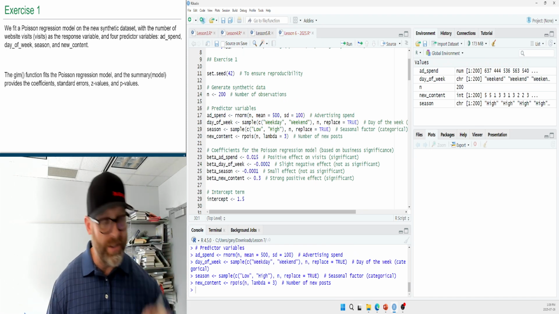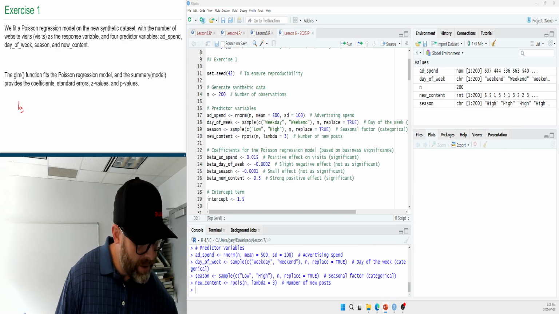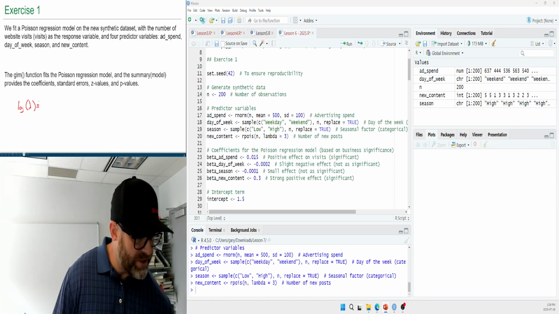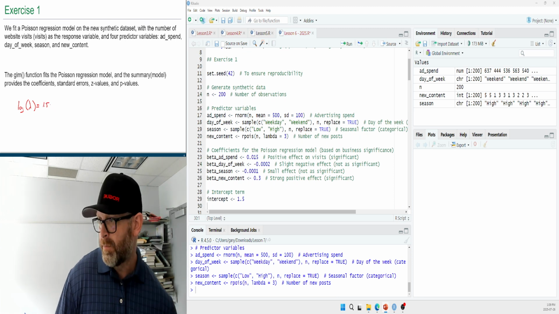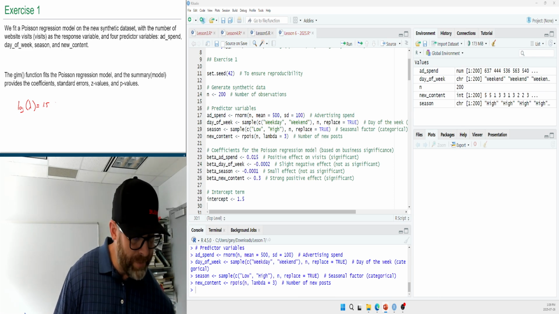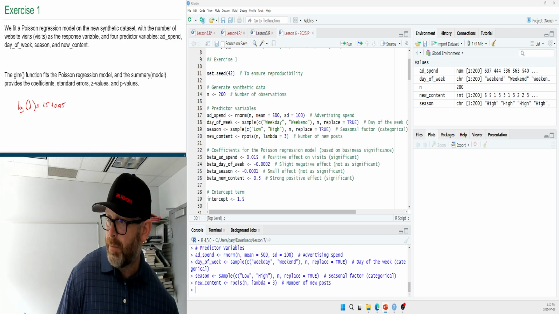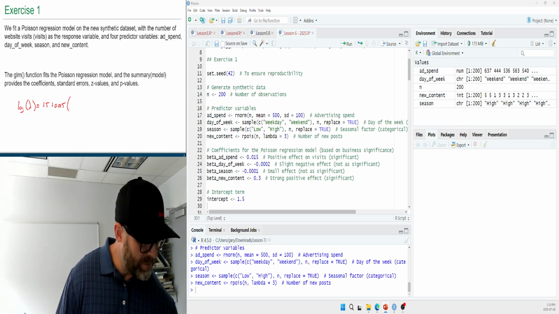And you can see this up in the top here. So this is going to be log of lambda is equal to, and here I am stating that my intercept is going to be 1.5, plus my coefficient for advertising spend, we'll say that's my beta 1, 0.015 times X sub add.